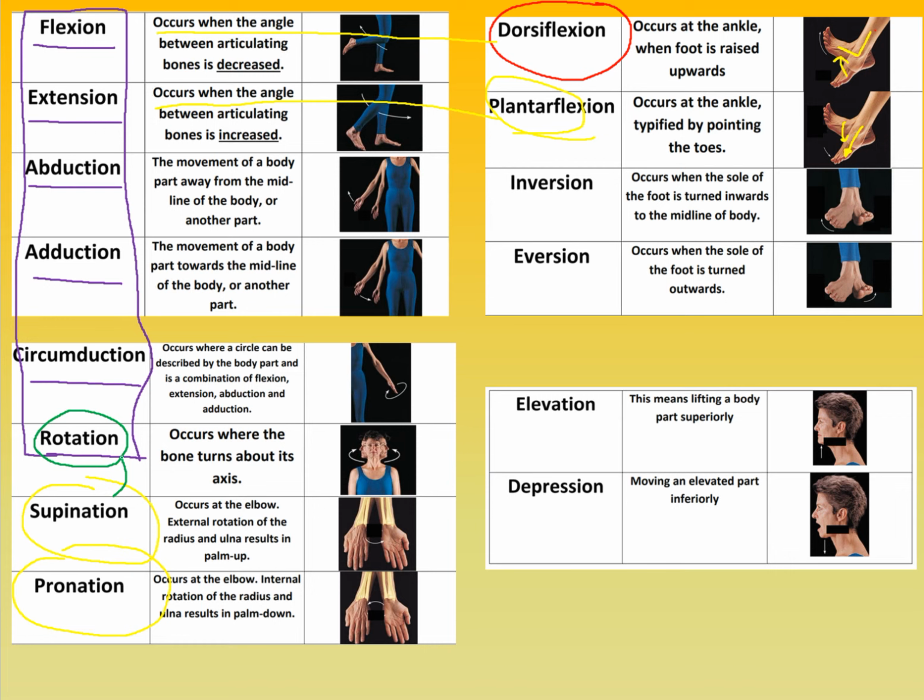Where it occurs at the radioulnar joint and results in palms down, that's pronation. Internal rotation causes pronation. External rotation at the elbow causes supination. So you can add a sentence or two on to the main definition to give that extra understanding. Elevation and depression, I wouldn't really expect on there, but I just thought I'd throw it on the slide so that you knew.